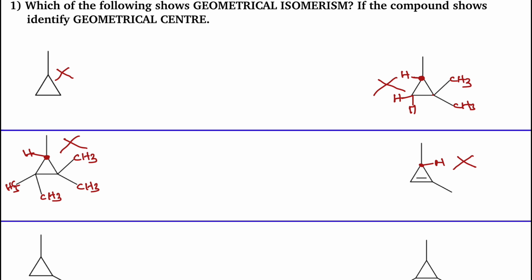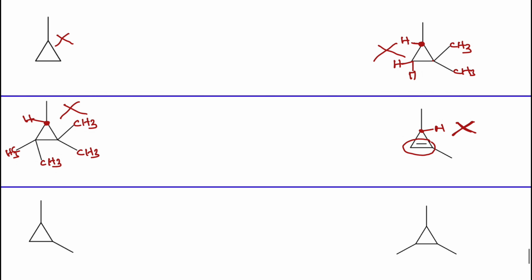Now you just think whether this double bond is a geometrical center or not. In the previous lecture I explained this very clearly. Now I'm leaving this to you. I'm giving that it cannot show geometrical isomerism, so you think why the double bond of cyclopropene is not a geometrical center.